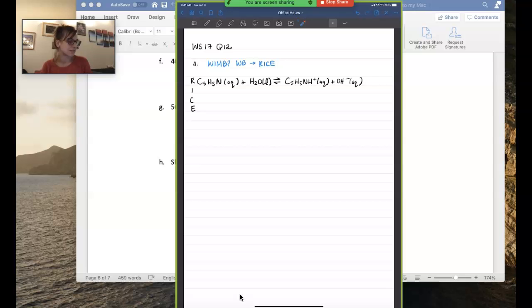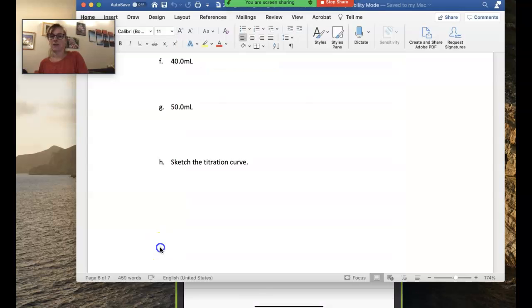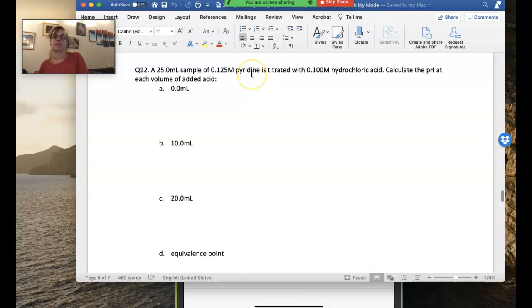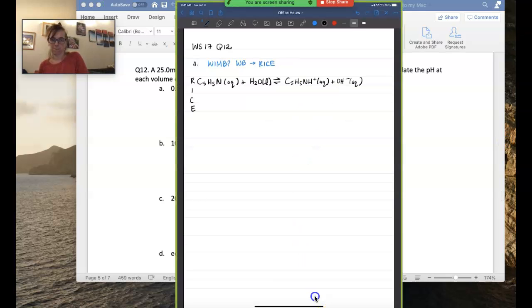All right, so initially we were given that we have a 0.125 molar pyridine solution. And you just do a typical weak base RICE table here, plus X, and then X and X. And because it's a weak base, we set it up to what? The Kb expression.